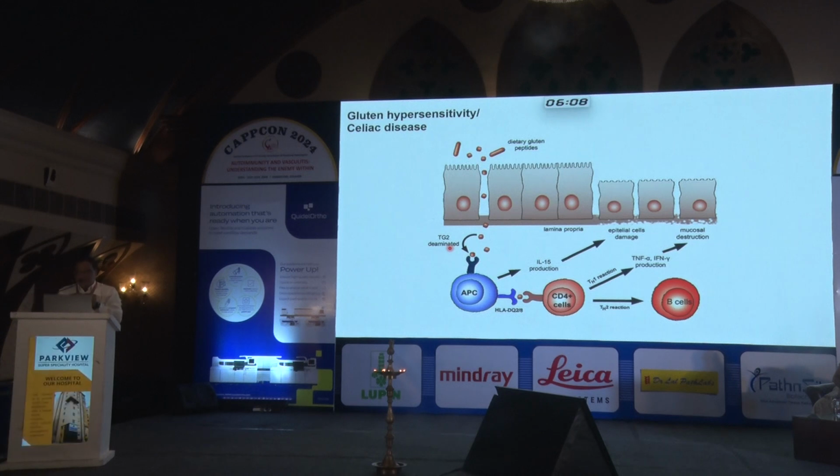They bind to the TG2 and form a TG2-gluten peptide complex. And because of epitope spreading, the antibodies which were initially directed to gluten will also be directed gradually to the TG2. So that's why we have transglutaminase antibodies against the TG2. So that's how the whole thing works.